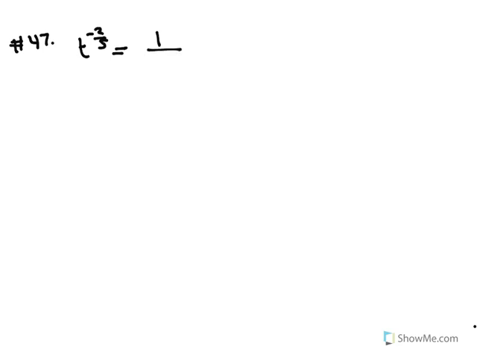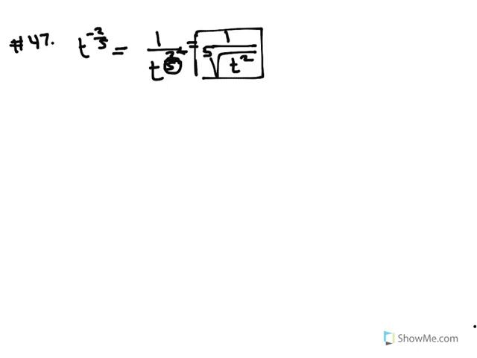So now I'm going to have 1 divided by t to the 2/5. And this would be what? It would be 1 divided by the root, right? The number below is the root. The number at the top is the power. So it's t to the second.